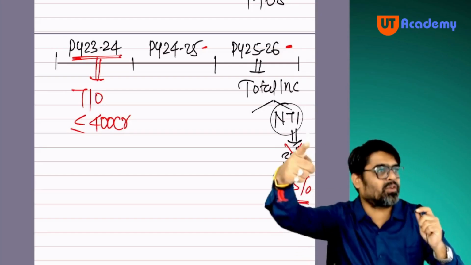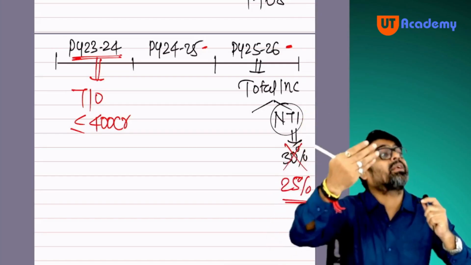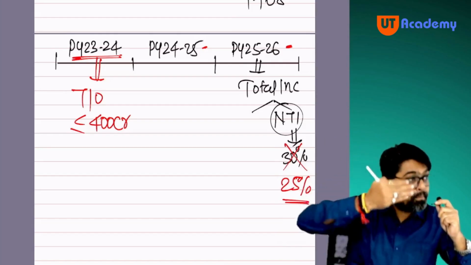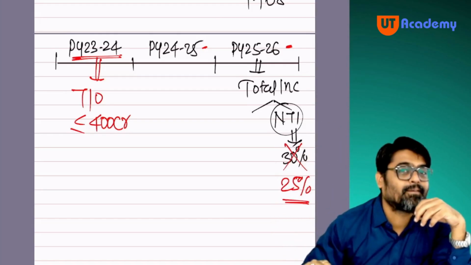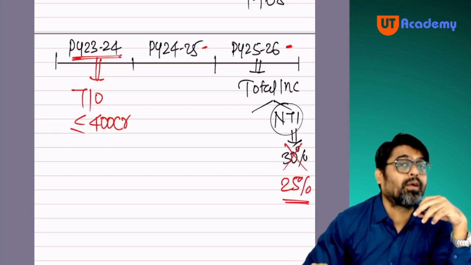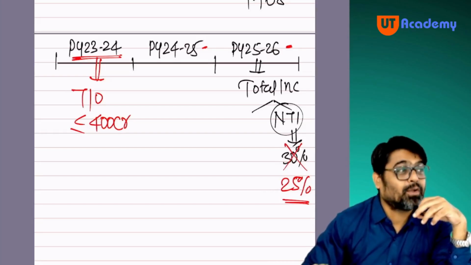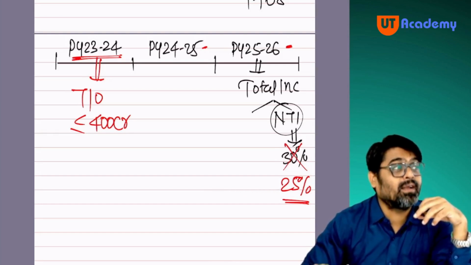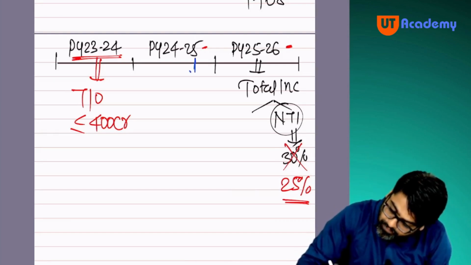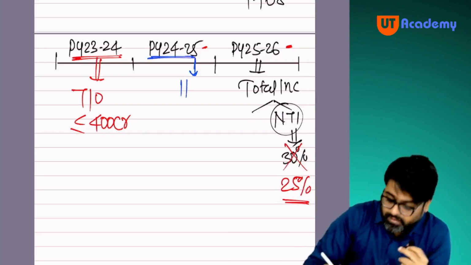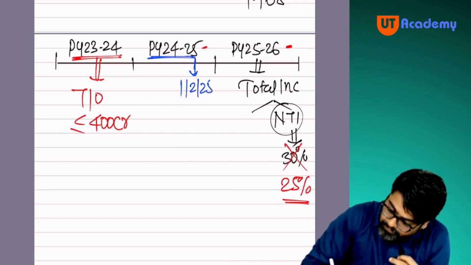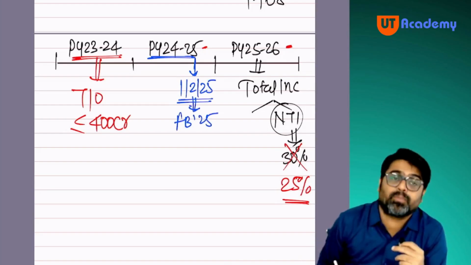Do you remember the entire process which I told you? Finance Act is made from the Finance Bill. And do you know on what date the Finance Bill comes? 1st February. So can I say, this is the previous year 24-25, 1st February 2025, the Finance Bill 2025 was presented.